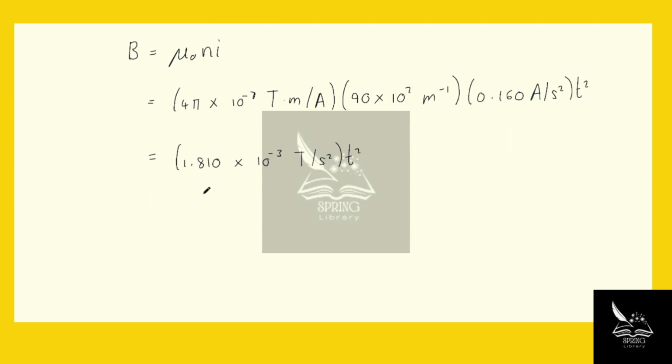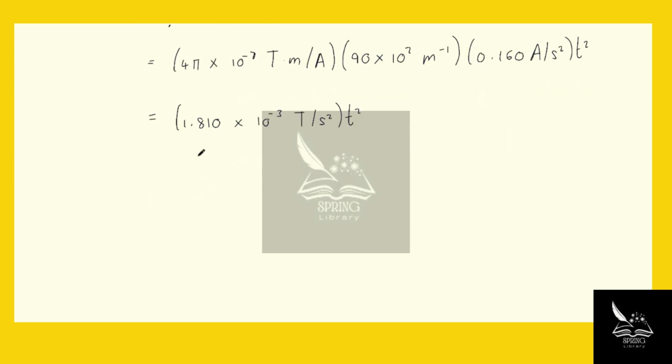Now the total flux through the second winding, phi 1,2, is the magnetic flux, equal to 5 times the magnetic field strength B times 2 times 10 to the minus 4 square meters.